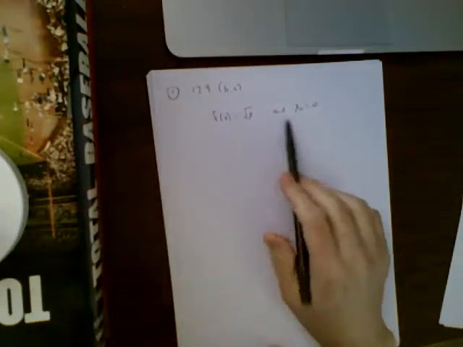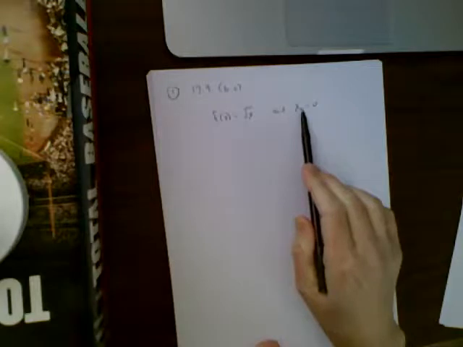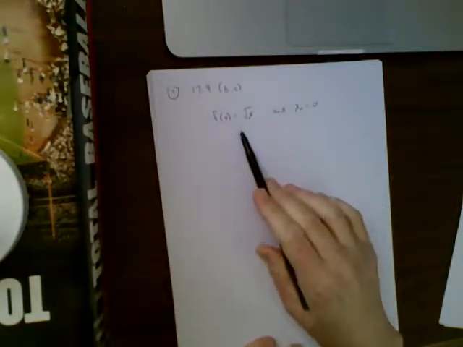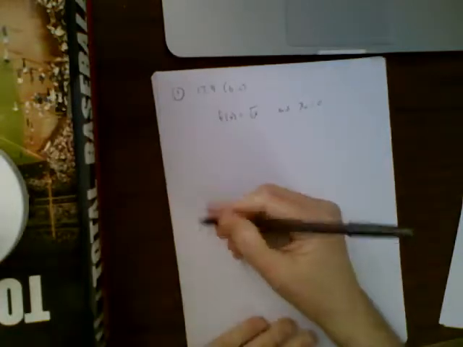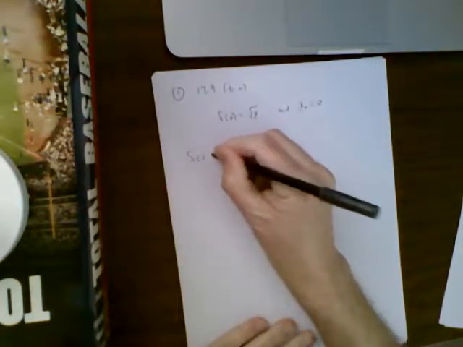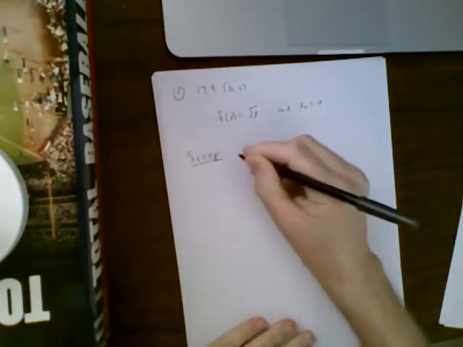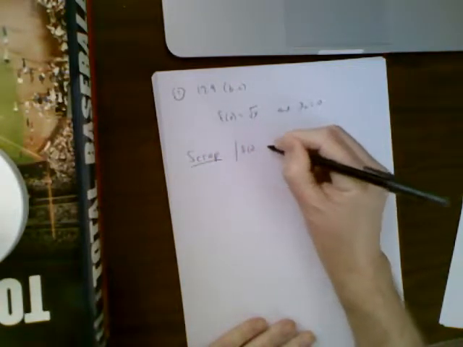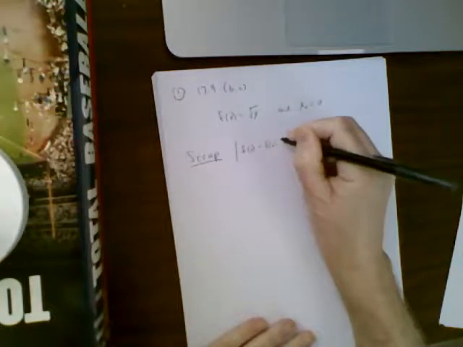So let's take a look. And again, obviously, if we're looking at 0, we're only looking at 0 and the right side of 0, because to the left of 0, the square root of x doesn't exist. So for scrap work, we're looking at f of x minus f of 0, and somehow we need this to be less than epsilon.